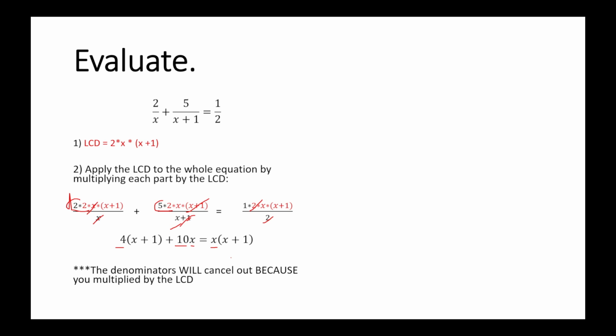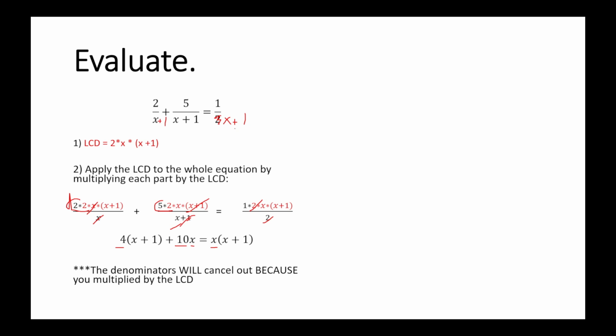Now, in the case where all of your denominators match within your rational equation, you just cancel them all out and proceed with your numerators. For example, if all the denominators matched, my LCD would be x plus 1.